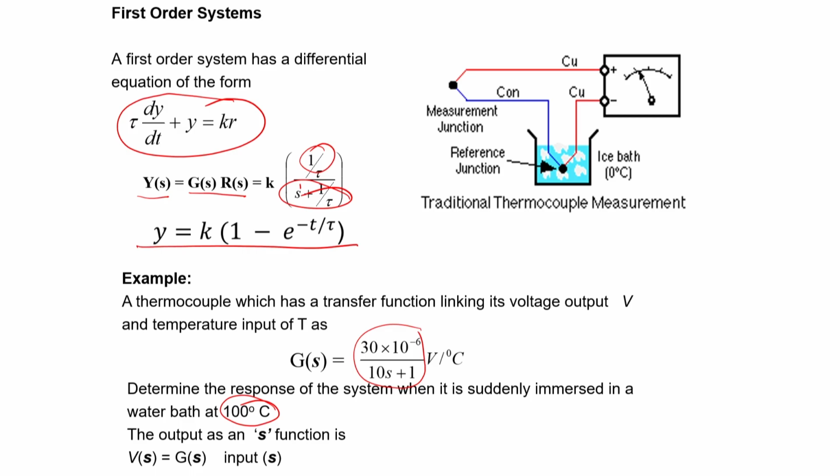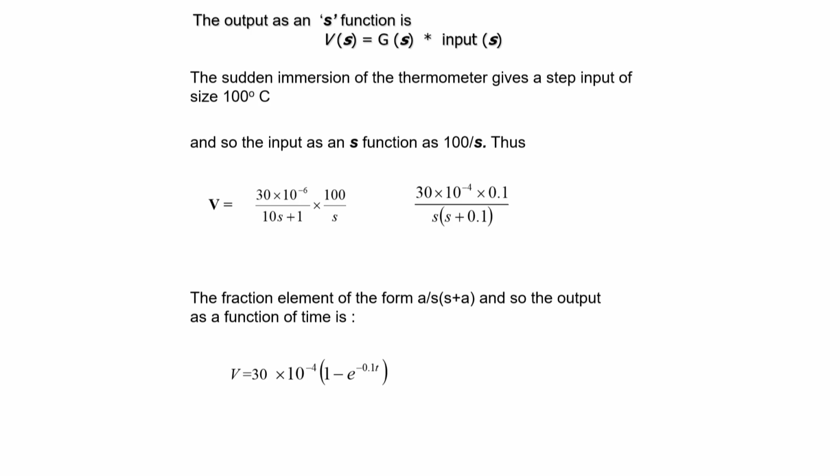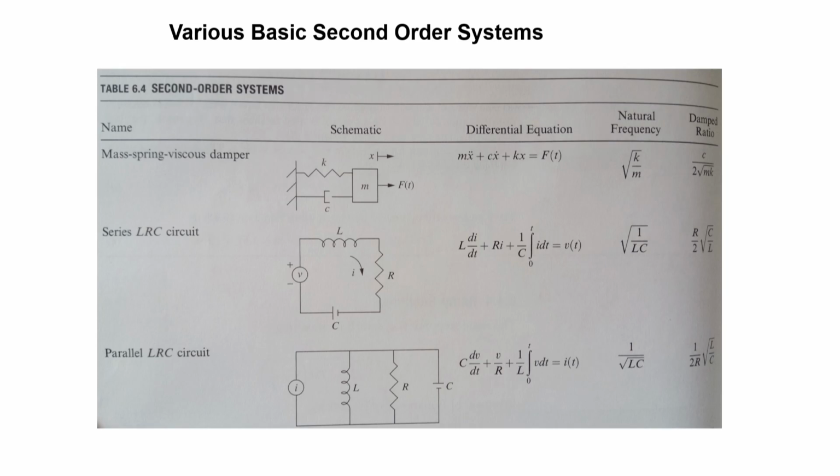In this case, if the transfer function is given and you are asked to determine the response of the system when you suddenly give an input stimulus of 100 degrees centigrade, then you can solve this problem, get the relationship, and then get the time domain relationship through the inverse Laplace transformation of the problem.